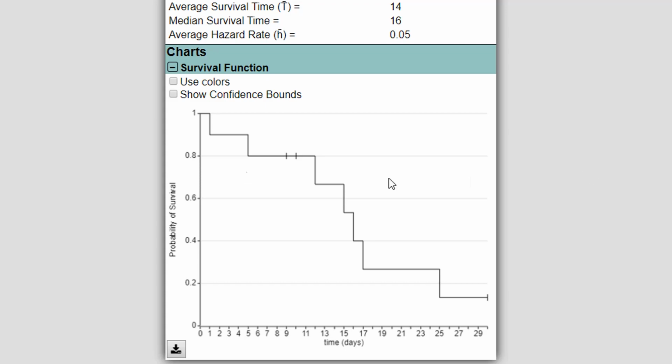So here you can see the survival curve always starts at 1 and goes down. In this case, because we ended with censored data, we have the last individual not bringing this curve down to 0. And you'll see little tick marks along this function representing individuals being censored.